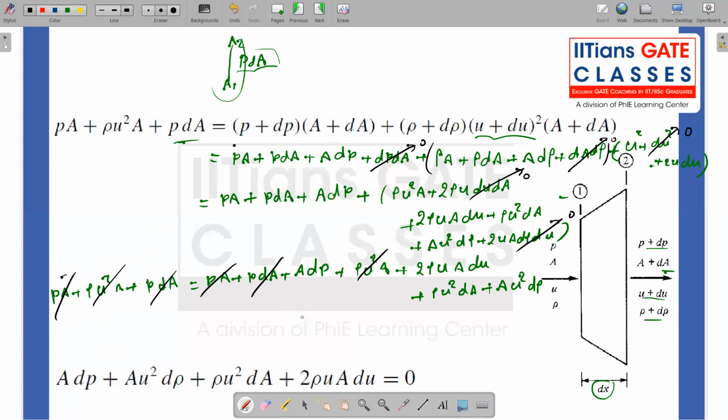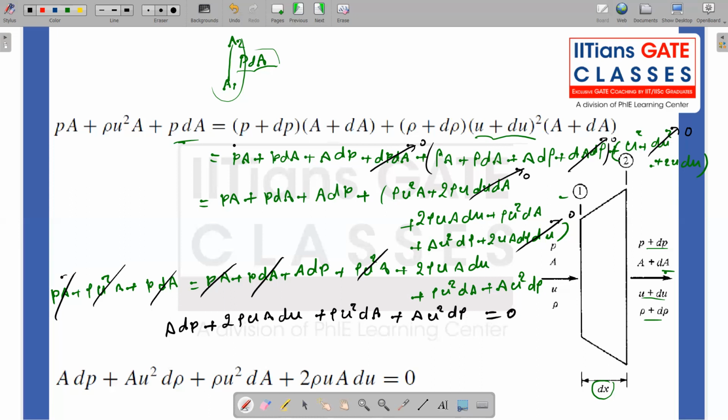So what I am left with is A dP plus 2 rho u A du plus rho u square dA plus A u square d rho, which is equal to 0.